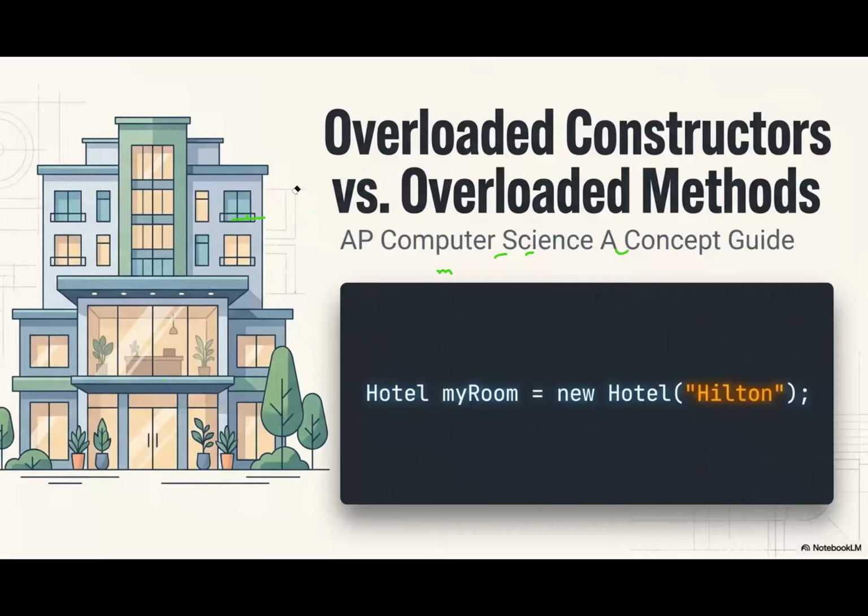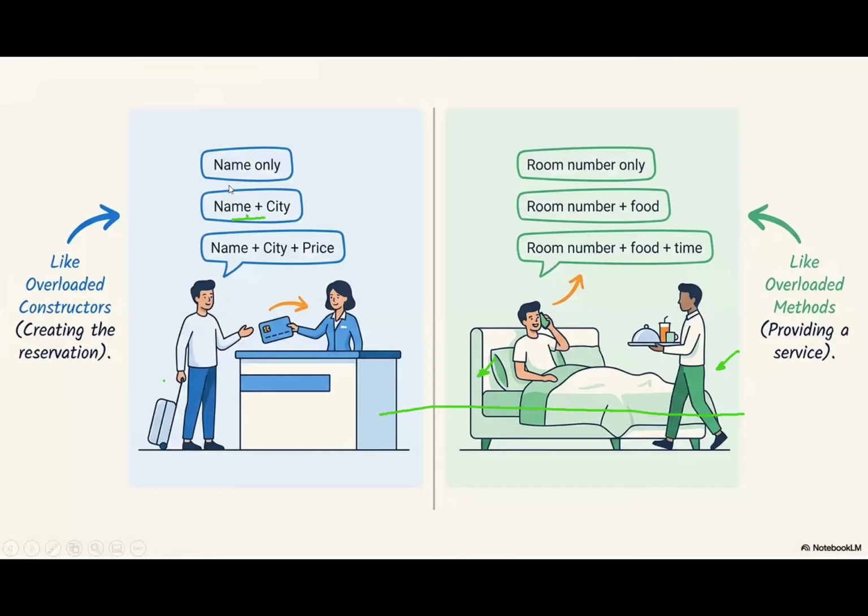Now, do you still remember we have studied something called an overloaded constructor? Do you see this form of this line? It's a statement, and I'm creating an object or a variable named myRoom in the hotel that's called Hilton. I think this is clear to us, right? Yeah. Okay. And if I move on, we know that the constructor can be overloaded.